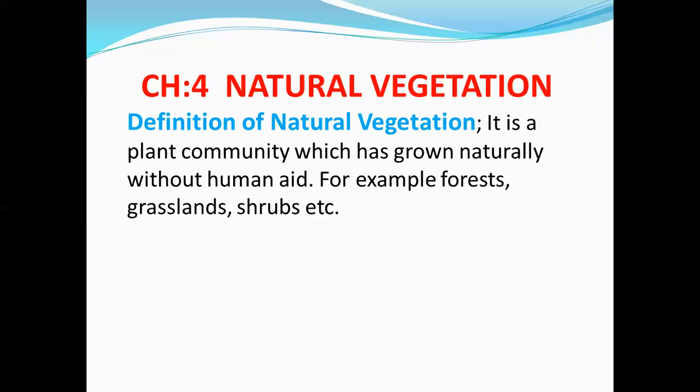For example, forests, grasslands, shrubs, etc. The vegetation of a region varies according to temperature, rainfall, and soil conditions.